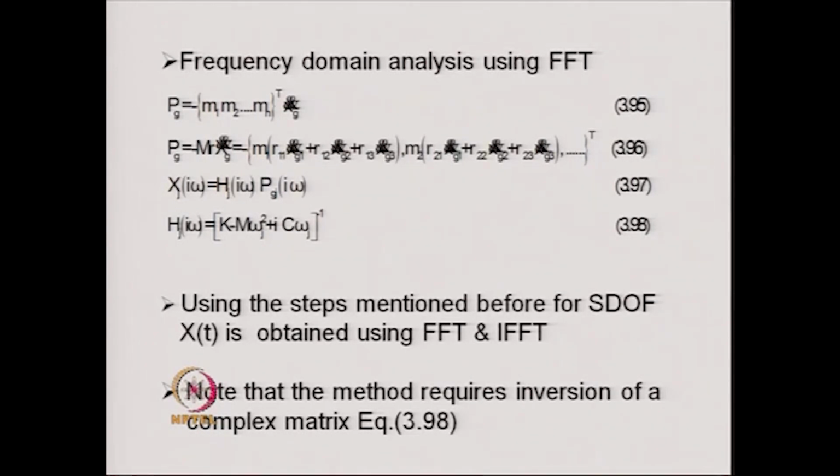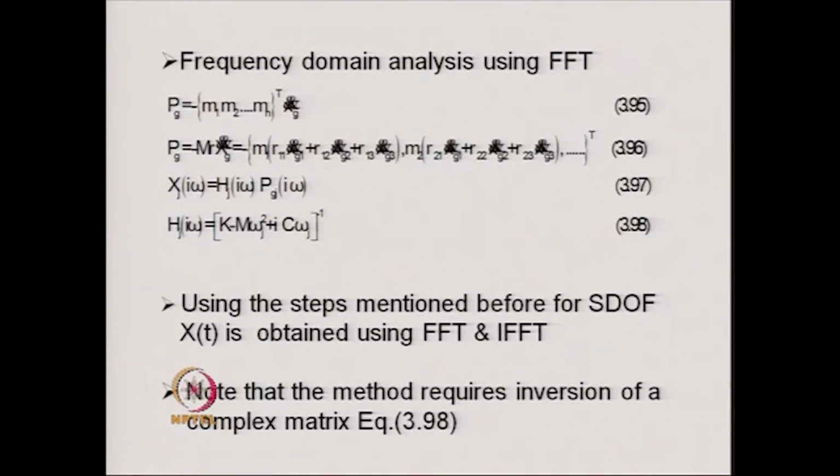Equation 3.97 gives the necessary equation to find out the frequency content of the displacement vector x j i omega, and that is equal to H j i omega multiplied by P g i omega, where P g is given by either equation 3.95 or equation 3.96, depending upon whether the load vector is defined for a single point excitation or a multi-point excitation.